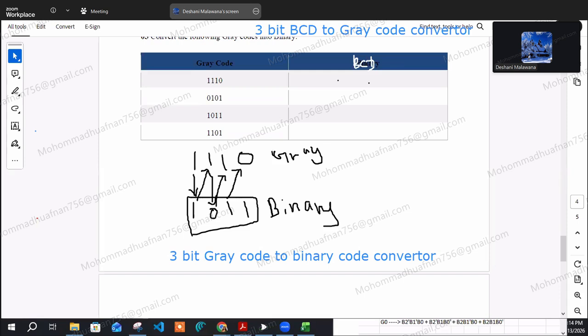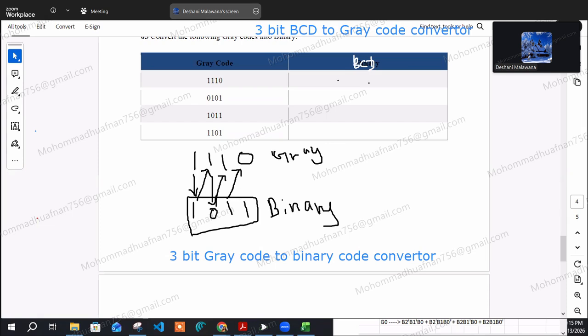Okay, so first, 41, you already sent the answer, right? Okay, so yeah, that one is also okay, because BCD and binary are going to be the same, right? So no issue. Up to 0 to 9 it is a little bit the same.